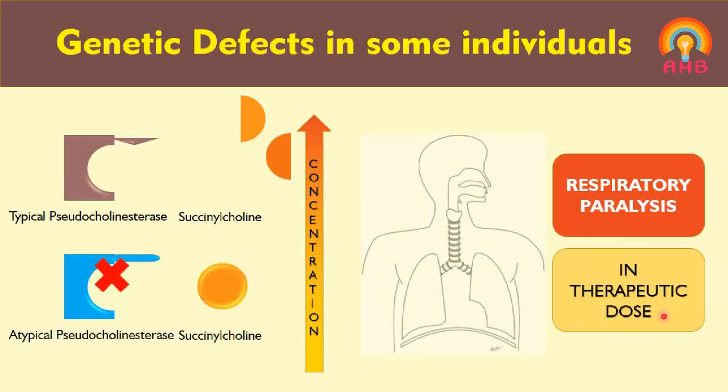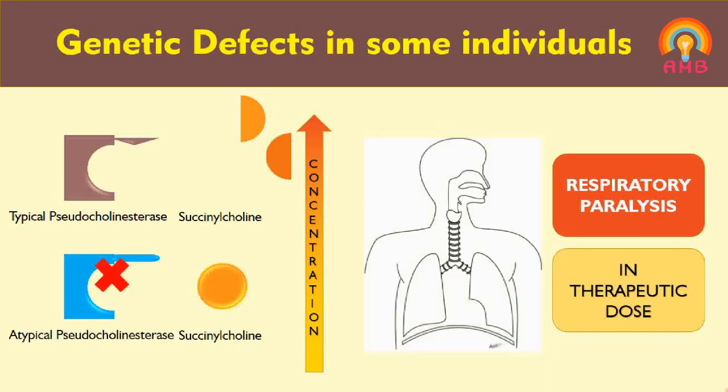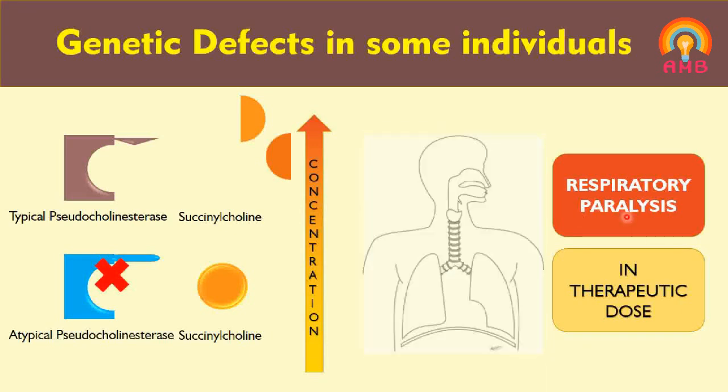So the drug which is therapeutically effective in another person is producing respiratory paralysis in such individuals who are having atypical pseudocholinesterase enzyme. So that is the importance of genetics.